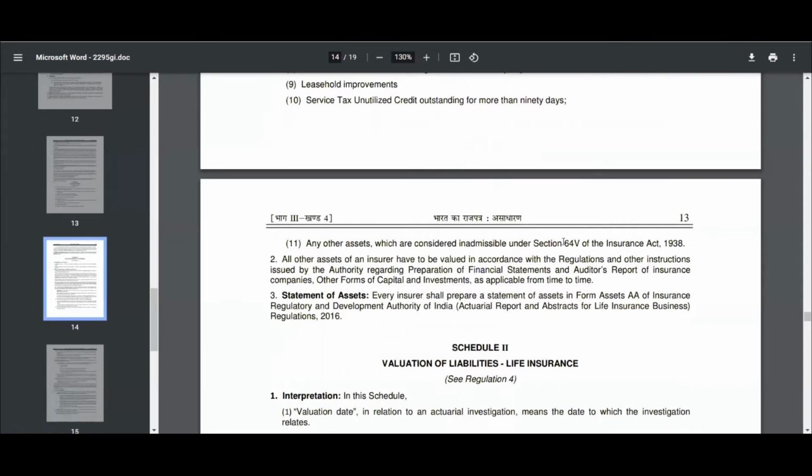Now the assets are to be valued as per the other forms of capital which we are yet to cover, and preparation of financial statements, auditors report, that we have already covered, right?